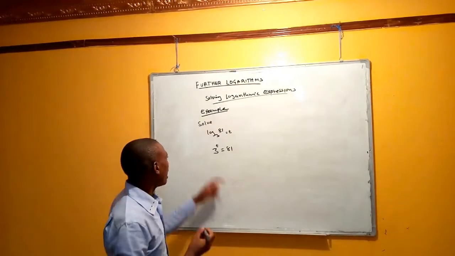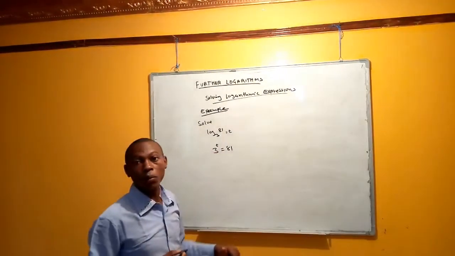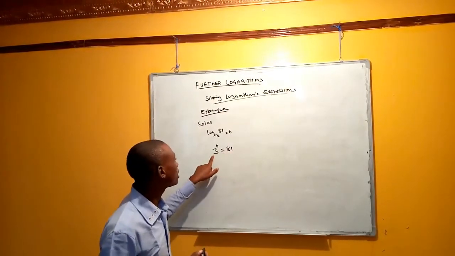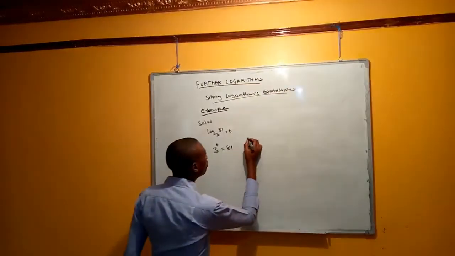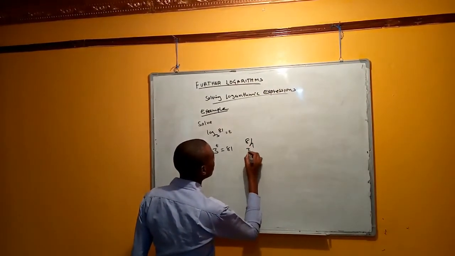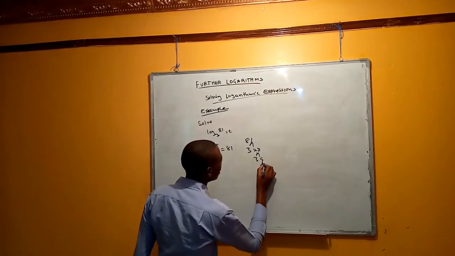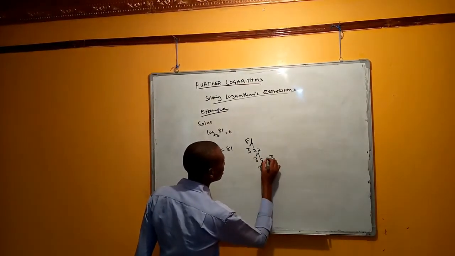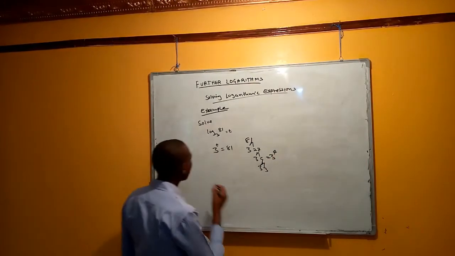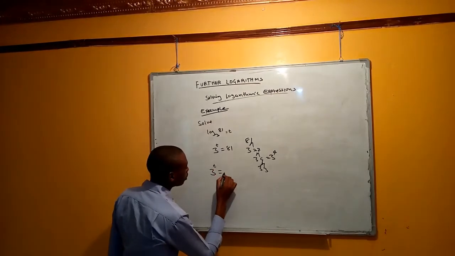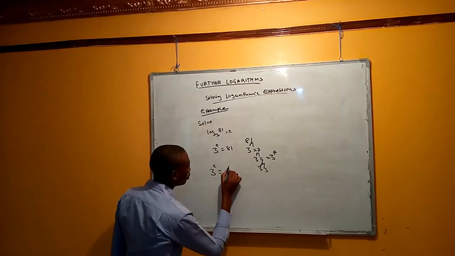Now, having written this in index form, you are able to solve, because you are able to break 81 into base 3. 81 divided by 3 is 27, by 3 is 9, by 3 is 3. So it is the same as 3 raised to power 4. So we can say that 3 raised to power t is equal to 3 raised to power 4.